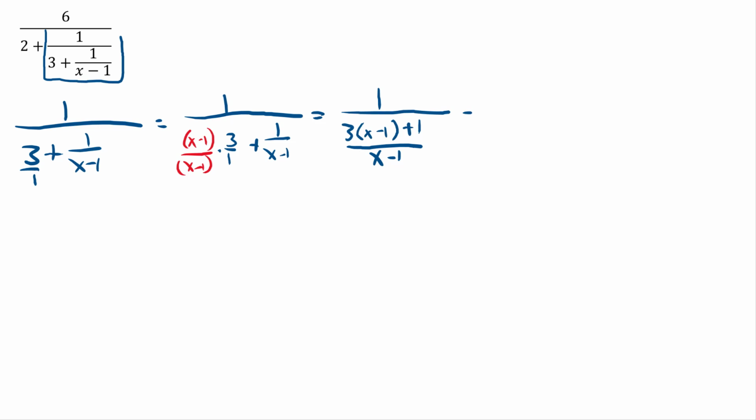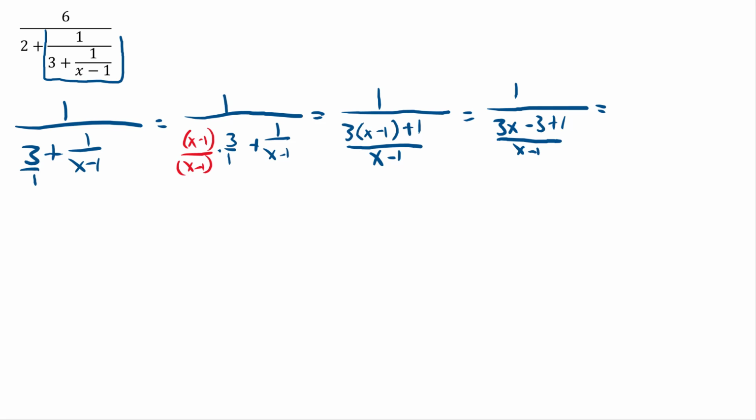Since they have the common denominator now, we can just add the numerators. Now let's distribute that 3 into the binomial and combine like terms. So we get 1 over 3x minus 3 plus 1, and on the bottom we still just have x minus 1.